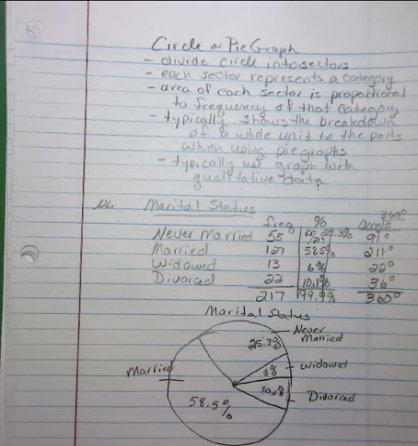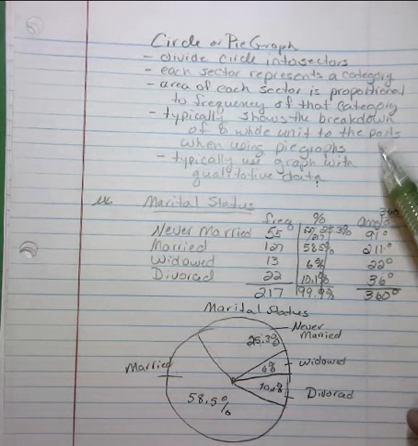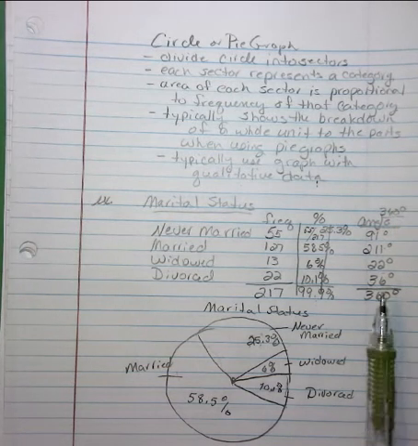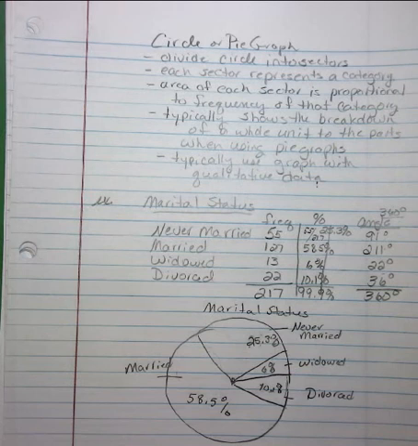But that is a quick overview of how to create a pie graph. We looked at the percentages, we looked at how to find the angles, using a protractor and a compass to draw this much neater than I did here, but you have the gist of what you need to do in terms of creating that particular kind of graph.